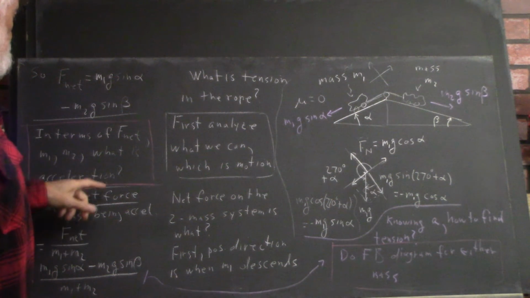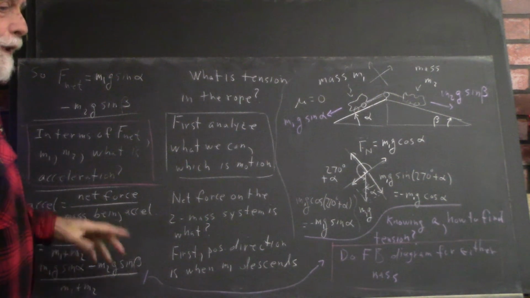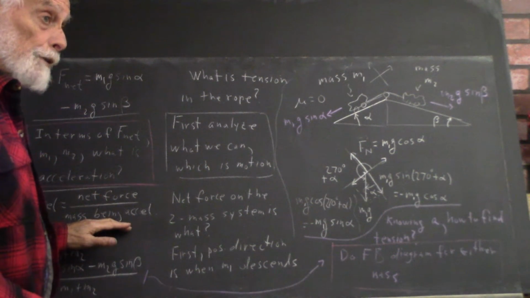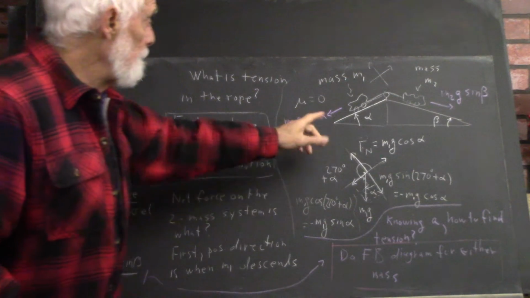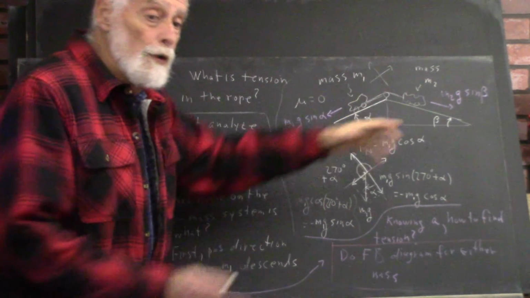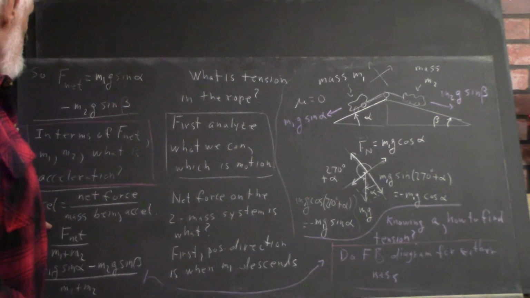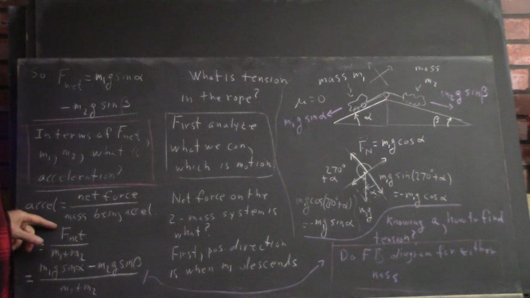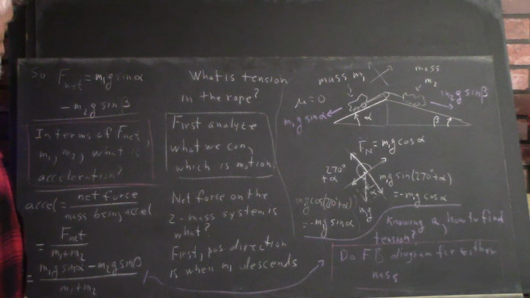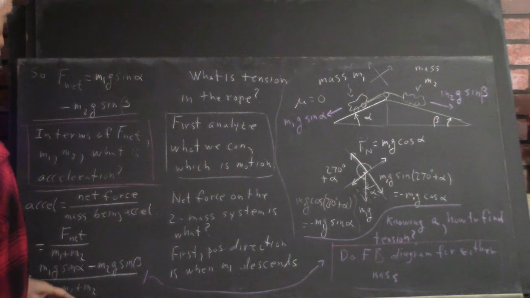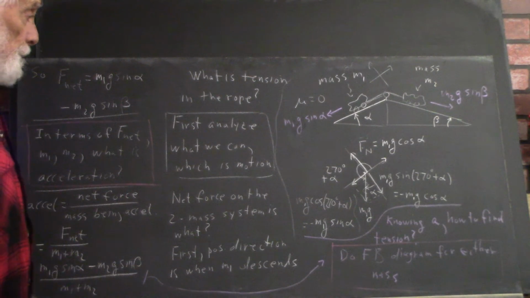Well, acceleration is the net force divided by whatever mass is being accelerated. So how much mass is being accelerated? Well, the sum of these two masses, because they're both being accelerated. So acceleration is net force over m1 plus m2, and then you get m1g sine alpha minus m2g sine beta over m1 plus m2.